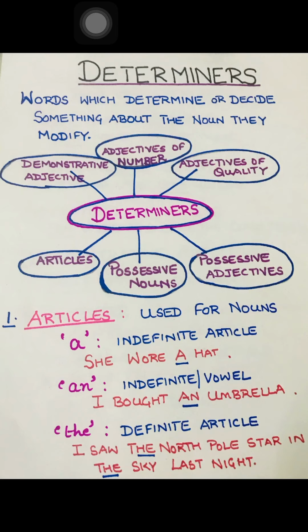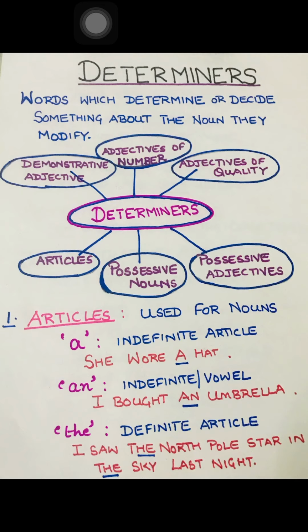No, that is absolutely wrong. Whenever the noun used in the sentence is in its singular form, we would always place the determiner a. That means the article a is to be used. So, the correct sentence would be she wore a hat, because hat is a singular noun.